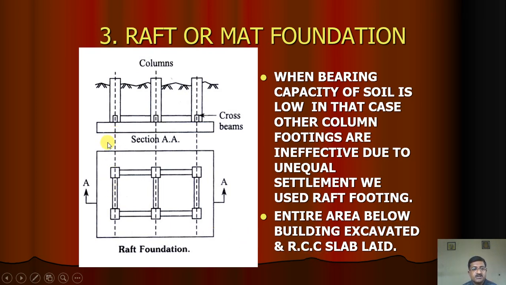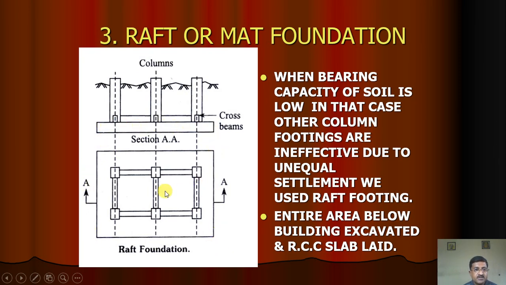Now suppose this total area of the building has different bearing capacity at different places, and if you are using isolated footing at every point, it is quite possible that settlement takes place, and that is very detrimental to the structure. So instead, this total area is excavated, and an RCC slab at the bottom.